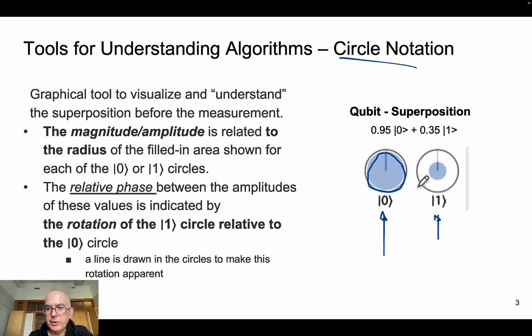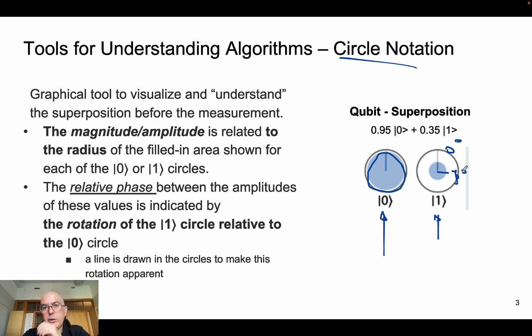The second important quantity is called the relative phase of the state 1 with respect to the state 0. So this is a line, and we have an angle with respect to the line of the state 0. In this case, the angle is 0, but it could be, for instance, 90 degrees if it was like this.